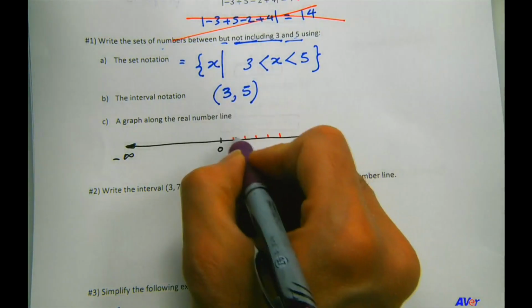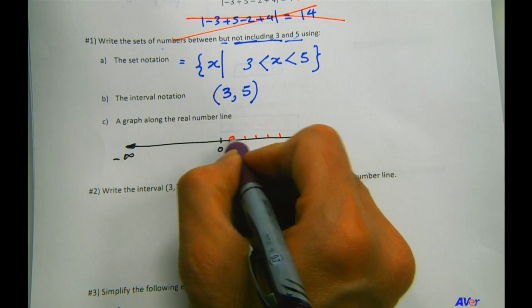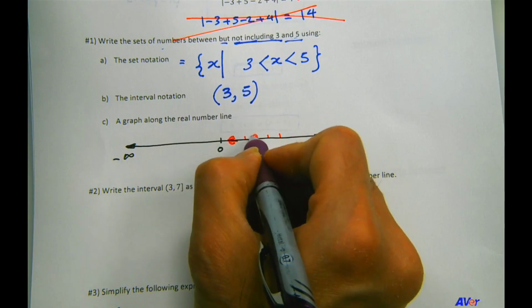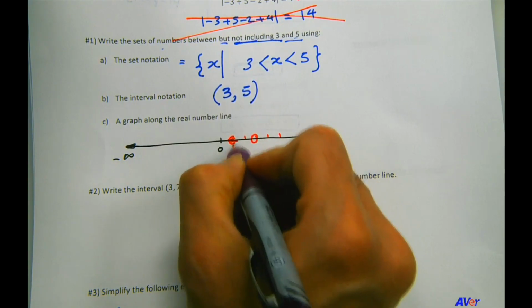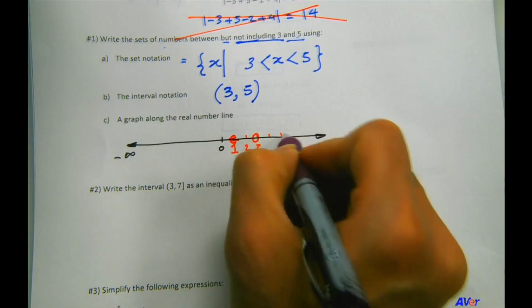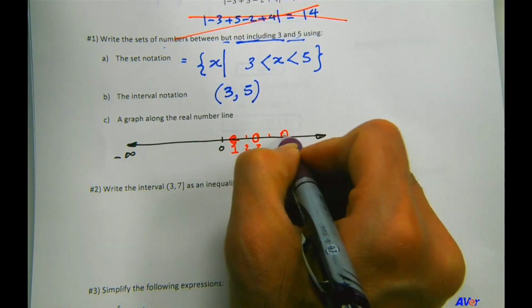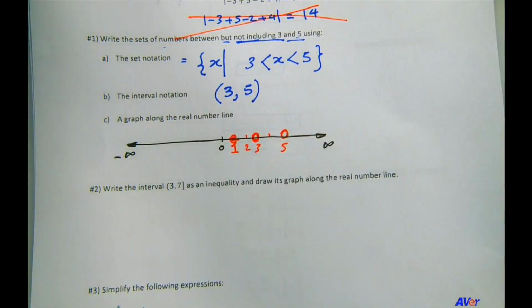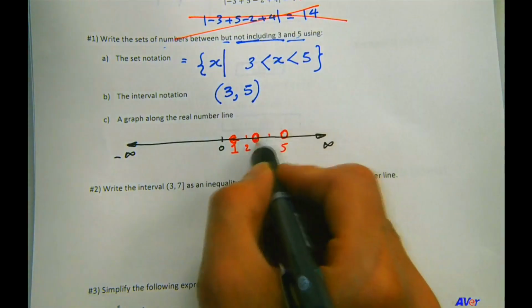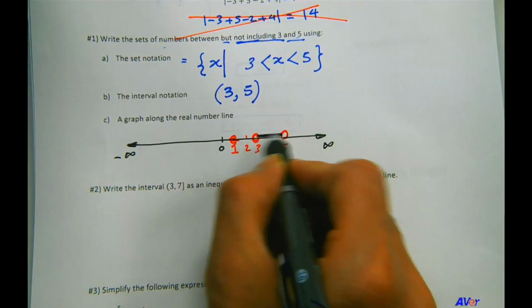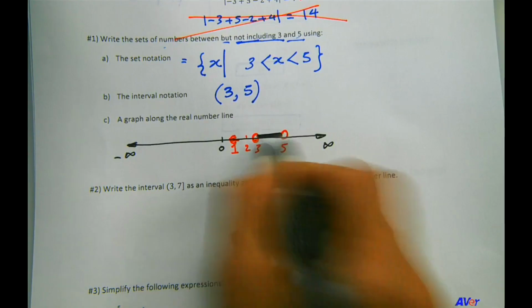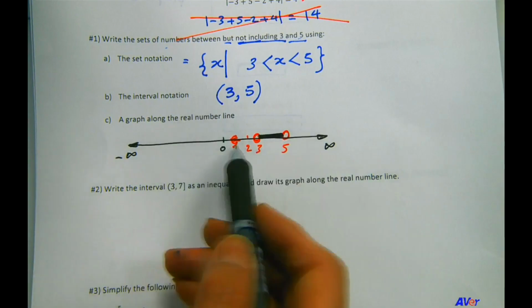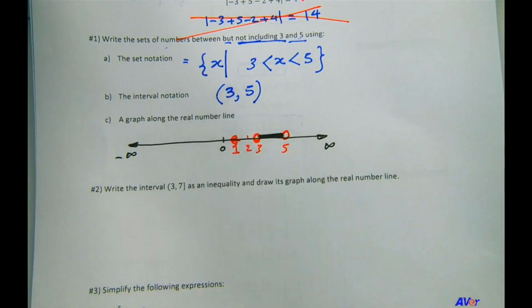Because 3 and 5 are not included, I'm going to put a hollow circle here, at 3 and at 5, to suggest that 3 and 5 are not included, and then make the line in between them a little bit thicker. So what you see here is the graphical representation of that interval.